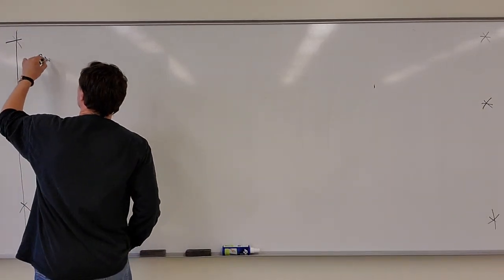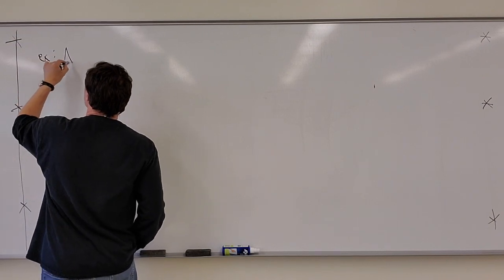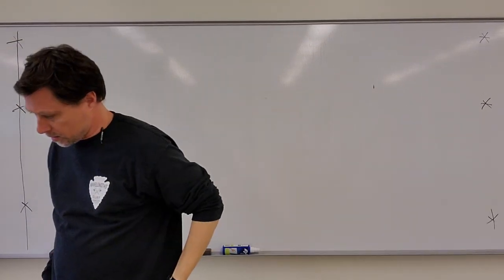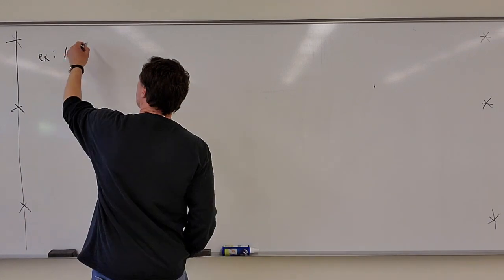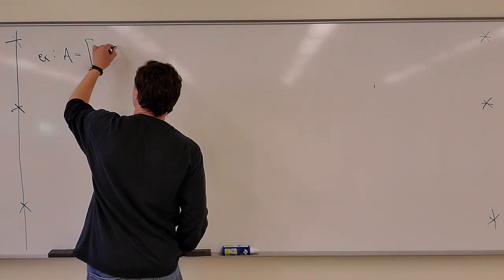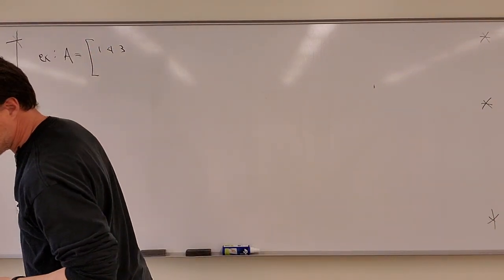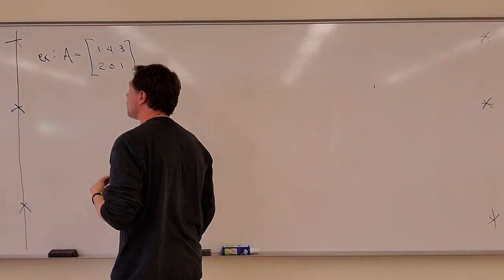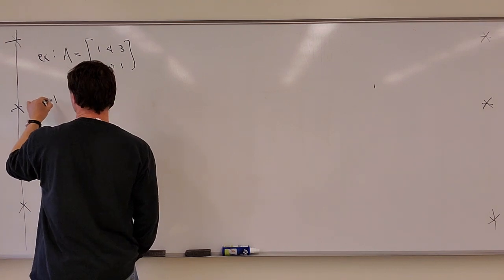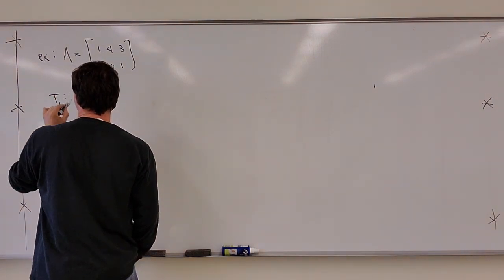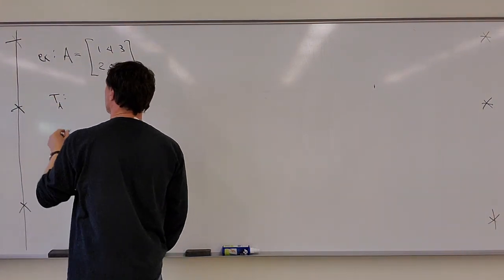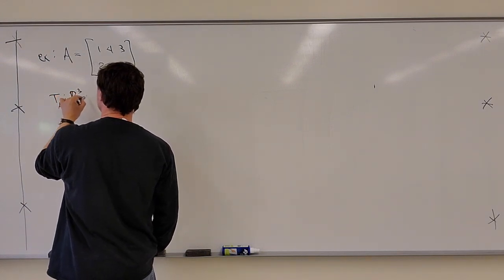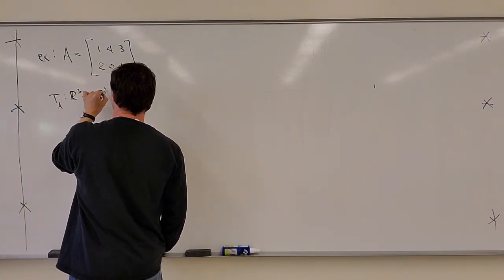So as an example, let's let A be the matrix 1, 4, 3 and 2, 0, 1. So then T sub A is going to be a transformation from R3 to R2.